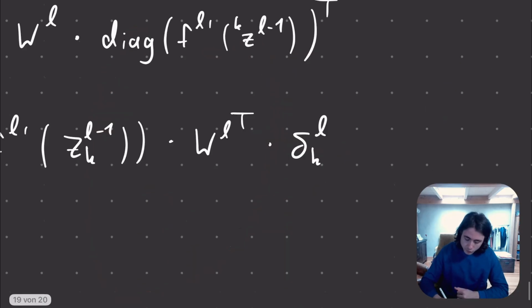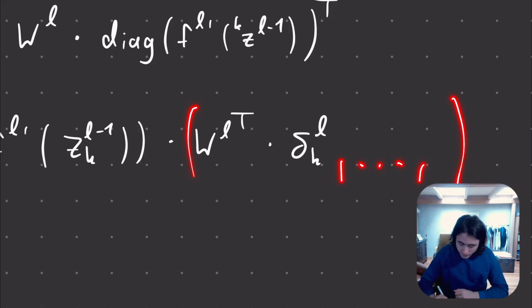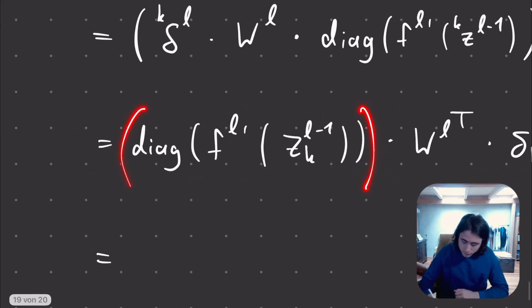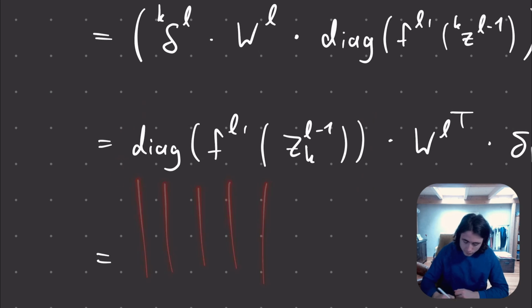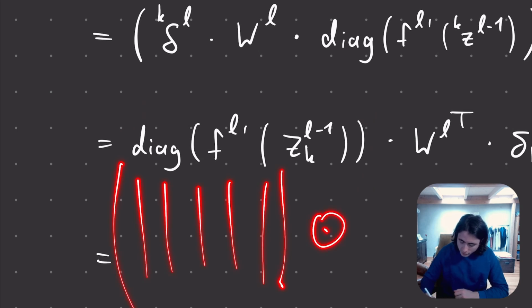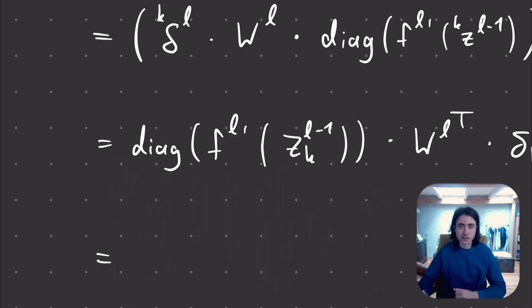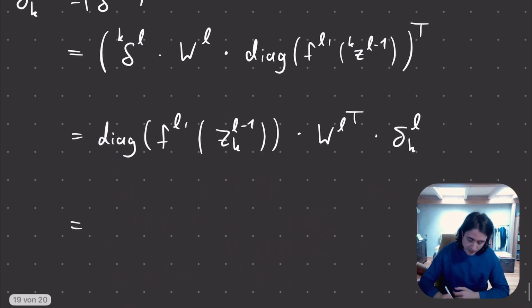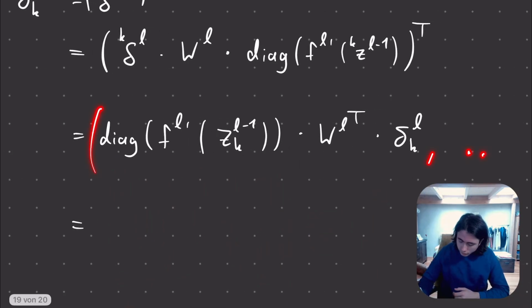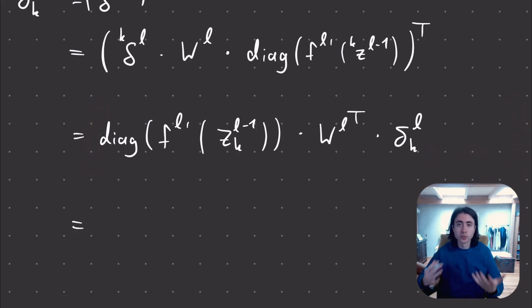So what I mean is that we are taking all of the column vectors here and packing them into a matrix. Then we are taking all of the diagonal matrices and packing them into the columns of one matrix, and then we're taking one big Hadamard product between the two, which has the same effect as packing all of the resulting column vectors here into a matrix, except that we can now write it as one computation.